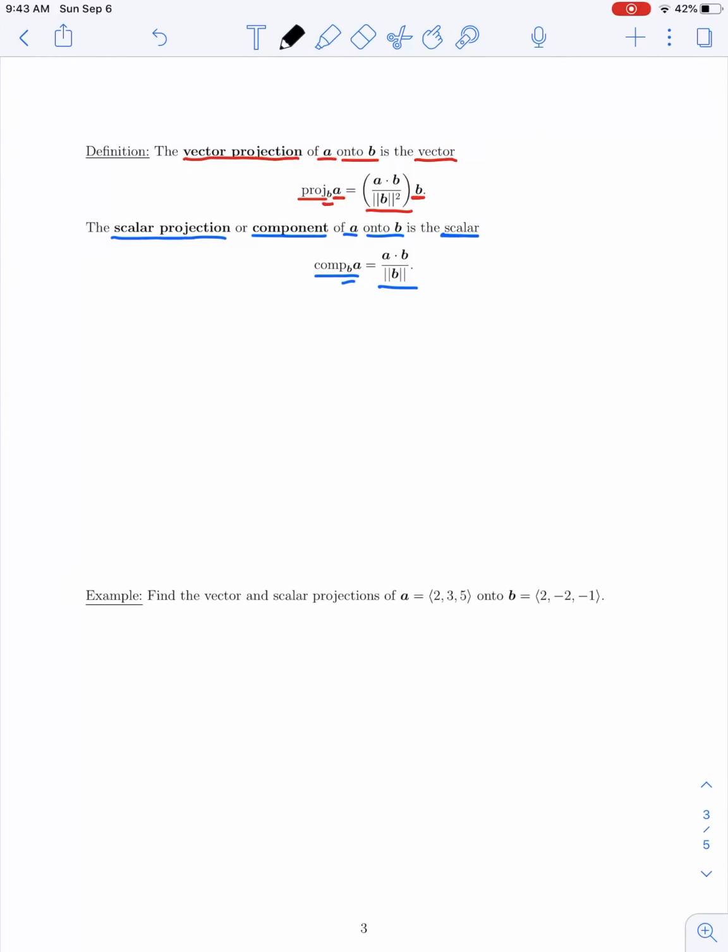So let's say that we have two vectors, maybe a vector A, and some other vector B. And I'm going to draw their representations such that they have the same initial point.